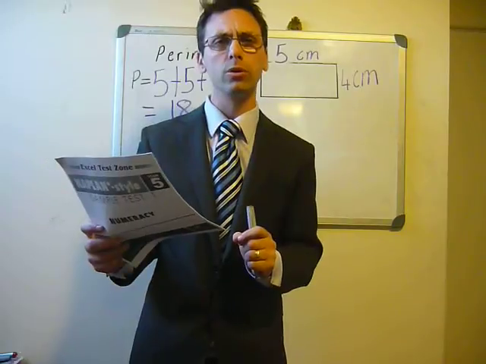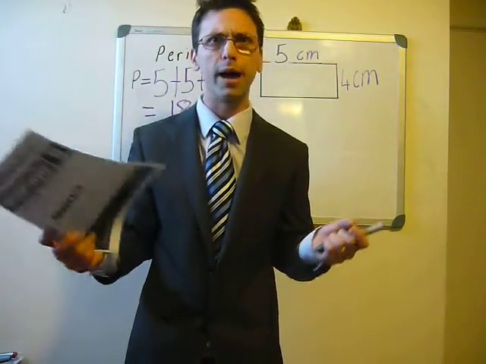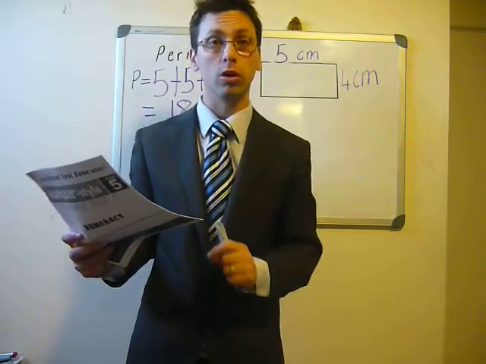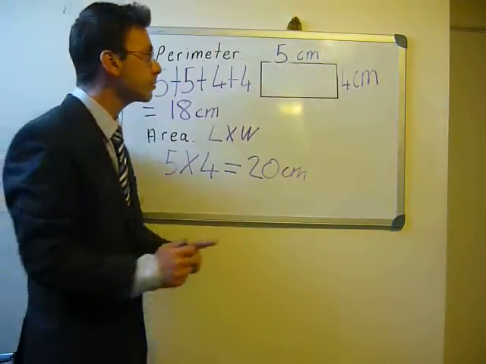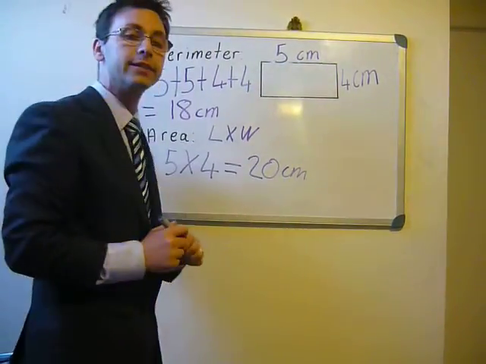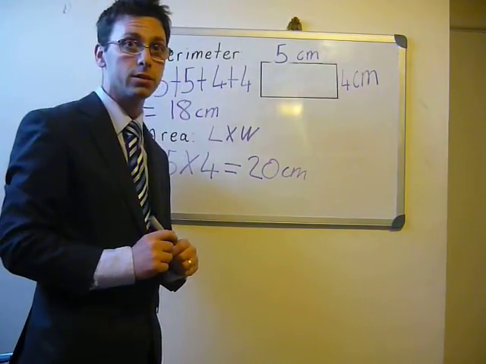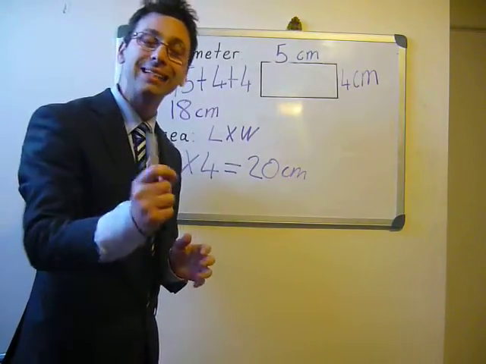Most people would just go, the area is multiplied by 2 because that means it's doubled. But that will be wrong. Let's have a look at the example on the board. If this side is doubled, that will make it 10 centimeters. If this side is doubled, it will make it 8 centimeters.